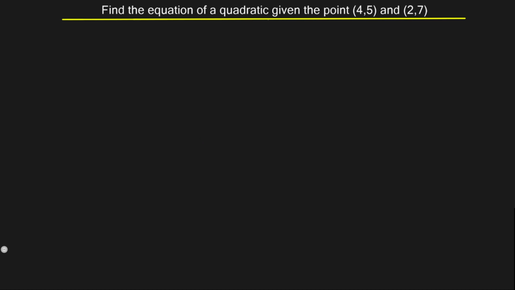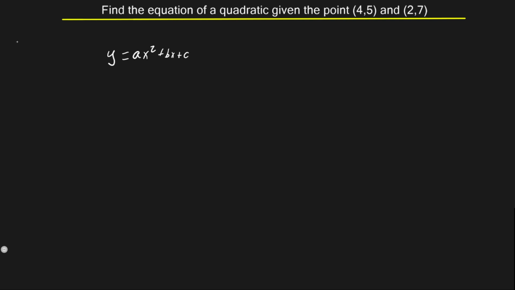In this example, we are told that we have a quadratic that has to pass through the points 4, 5 and 2, 7. And this is a special case since the equation we're going to be using is y is equal to ax squared plus bx plus c. Here we see that we only have 2 points, meaning we're only going to be able to find 2 variables.